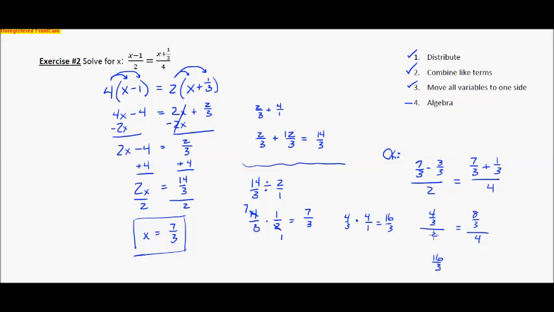And if I multiply these two, 2 over 1 times 8 over 3, again I get 16 over 3. So that checks out, because those come out to be the same. Really very similar to what we've been doing. It's just this one extra step of cross multiplying first. Okay?